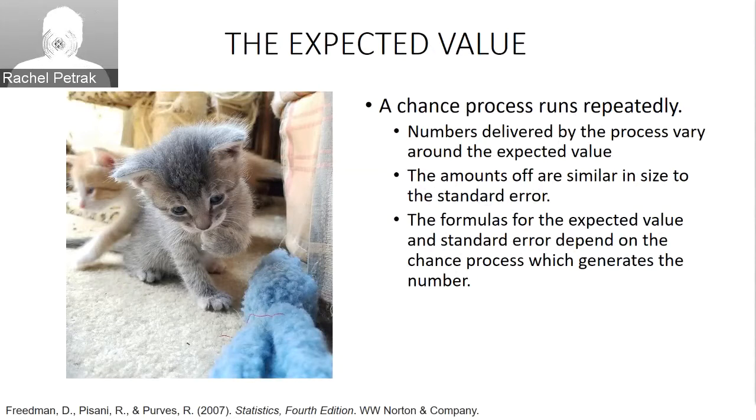The formulas for the expected value and the standard error both depend on the chance process that generates the numbers, in a few different ways: the number of trials, the range of the specific numbers in your set or in the box, or the categorizations that you've used. These link back logically to the actual numerical values.